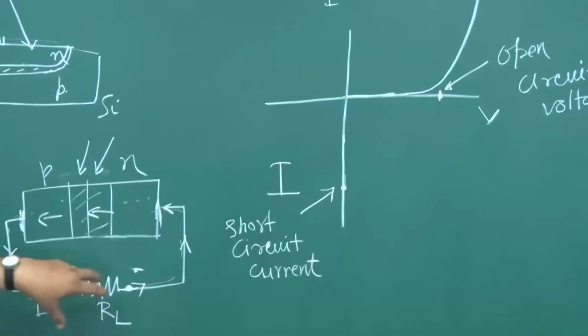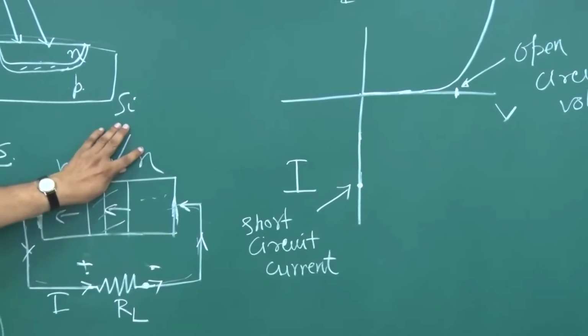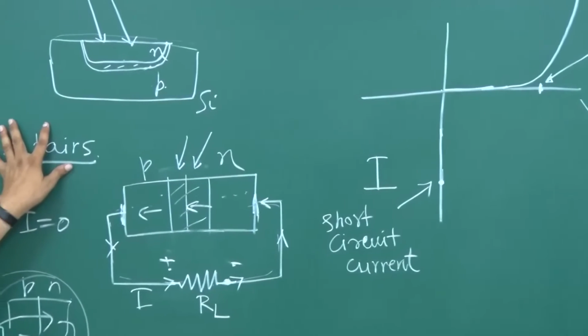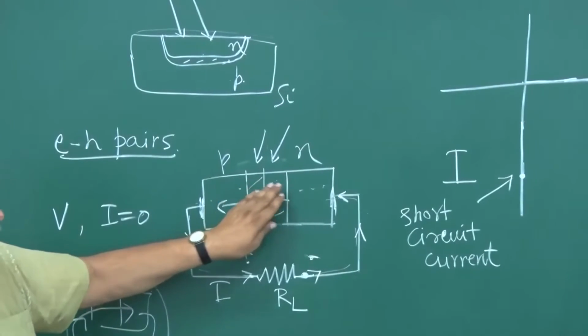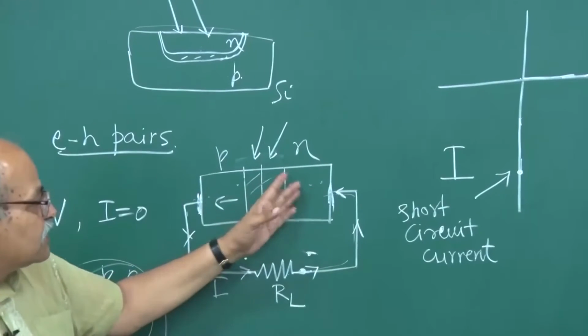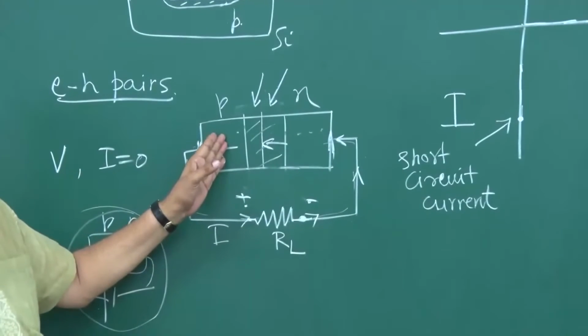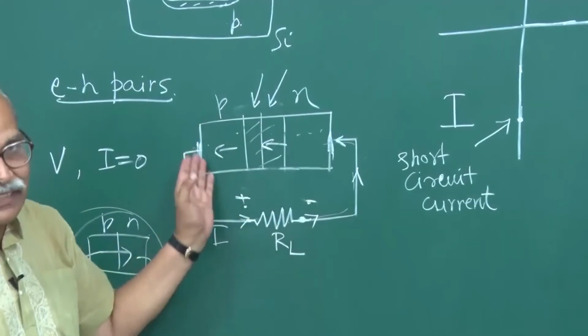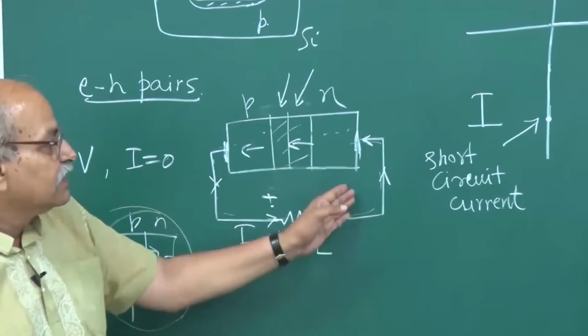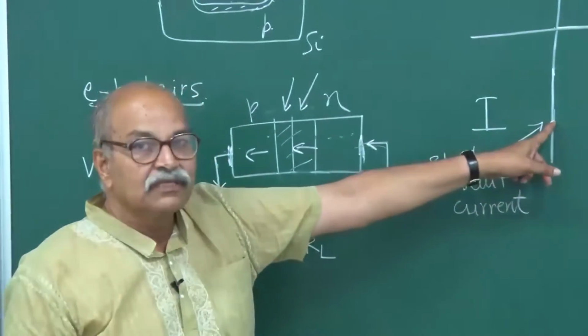on that photocurrent. Because of this light, because of this EH pair production here, and because of this internal field which is drifting electrons this side and holes this side, you have a current which you can call photocurrent. Because of the photons you have current. That is this current here.